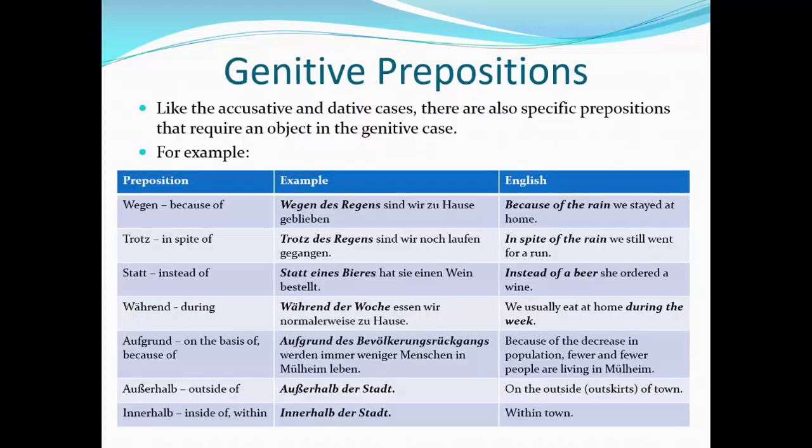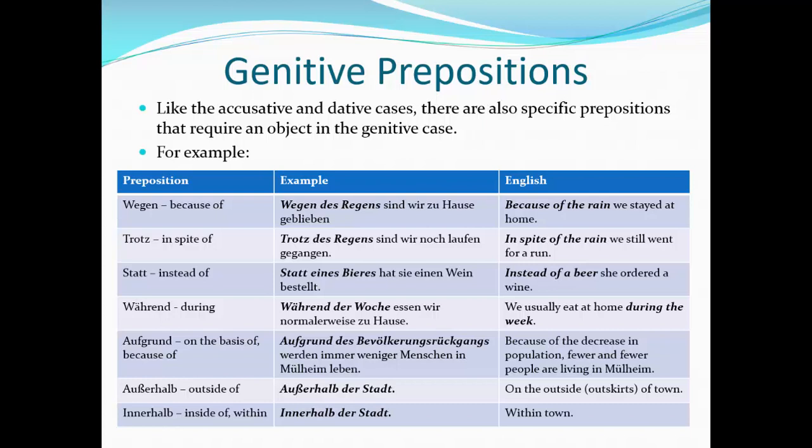Some other things to keep in mind with genitive are prepositions, just like accusative has its own group of prepositions, dative has its own group of prepositions, and then even the Wechselpräpositionen, which are two-way prepositions that use either accusative or dative.